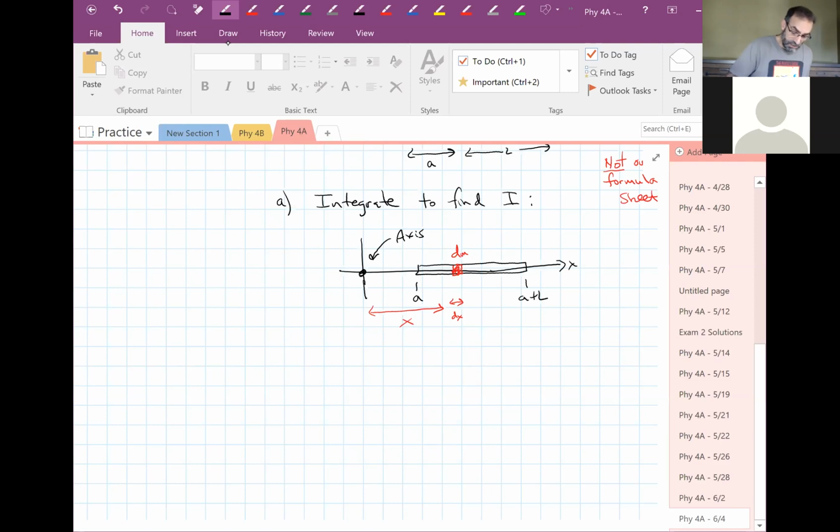All right, so what's our integral look like? Integral r squared dm. r is equal to x. x is the distance from the axis of rotation, from the origin, to dm. So if you make the origin your axis of rotation, then it's also equal to r. And dm is lambda dx.